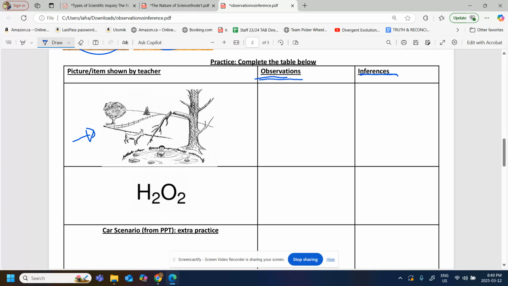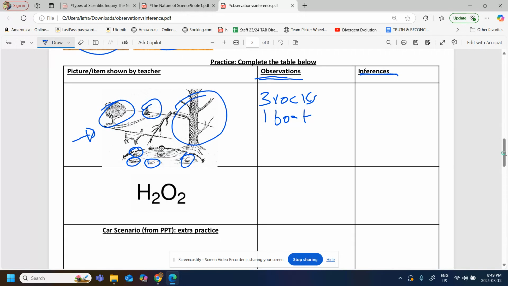So for some observations, I might say something along the lines of, there are 3 rocks. 3 rocks. That's a quantitative observation. There is one boat or toy boat. There are 3 trees.